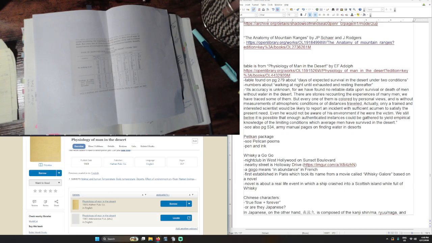There are stories recounting the experiences of many men. We have traced some of them, but every one of them is colored by personal views, and is without measurements of atmospheric conditions or of distances traveled. Actually, only a trained and interested scientist would be likely to report an incident with sufficient acumen to satisfy the present need. Even he would not be aware of his environment if he were the victim. We still believe it is possible that enough authenticated instances could be gathered to yield empirical knowledge of the limited conditions which average men have survived in the desert.